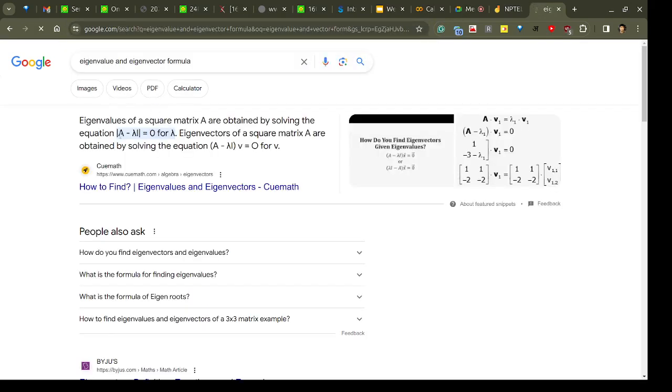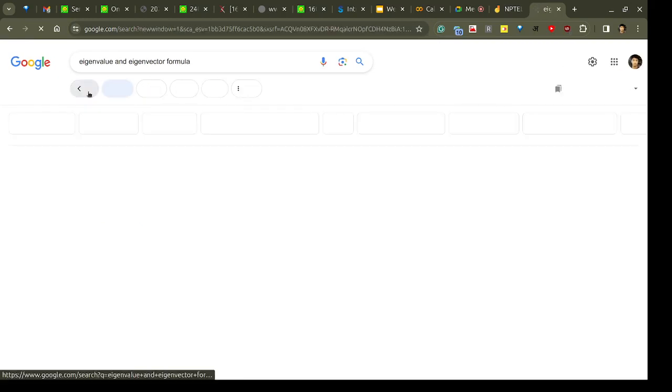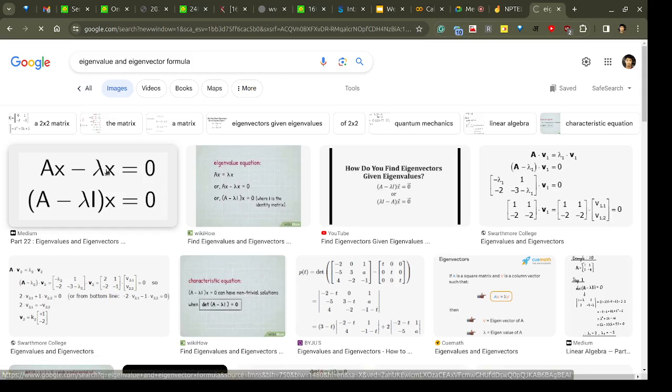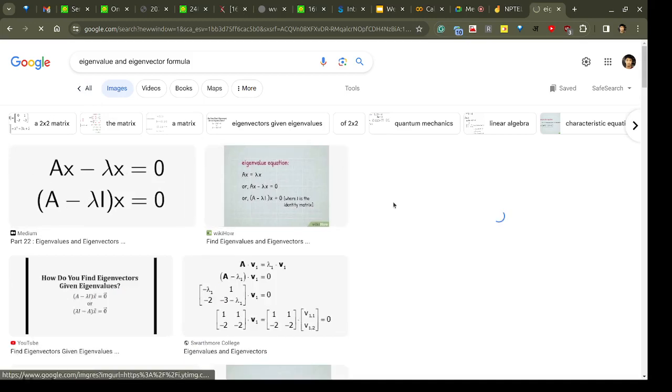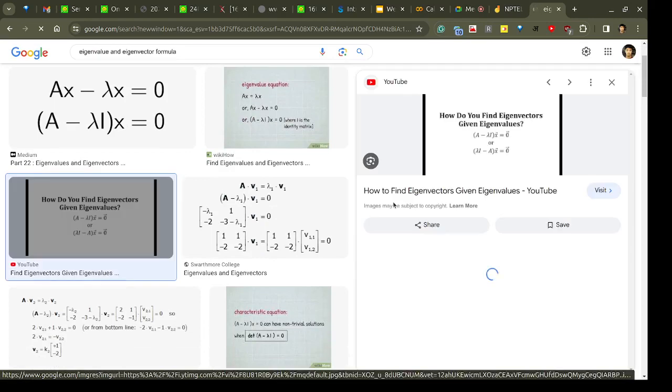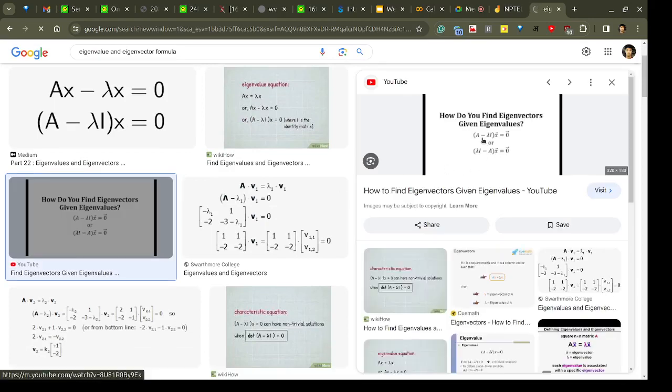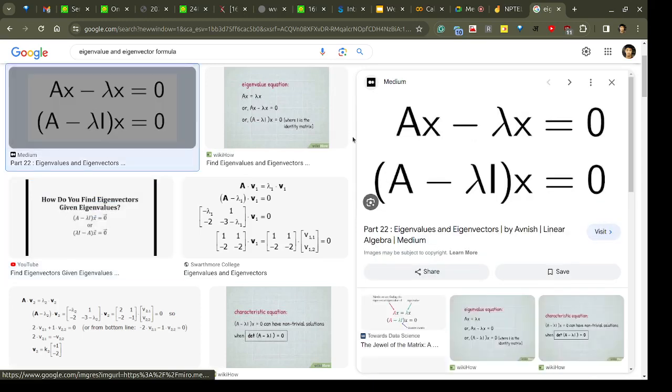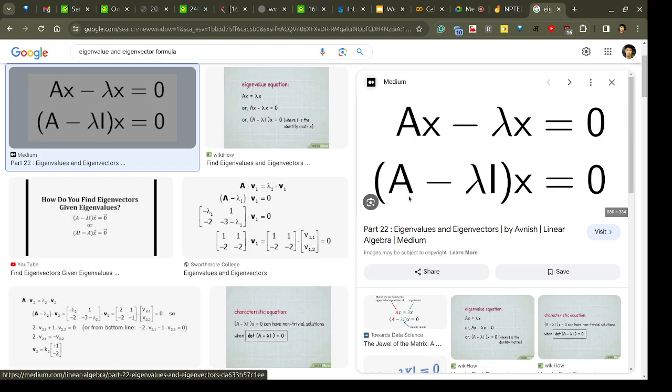This is the formula: A minus lambda I times x equals 0. A is the matrix, lambda is the eigenvalue, I is the identity matrix, and x is the eigenvector.